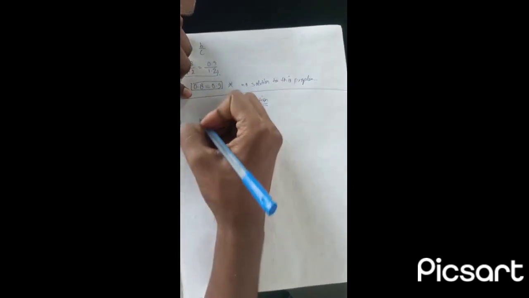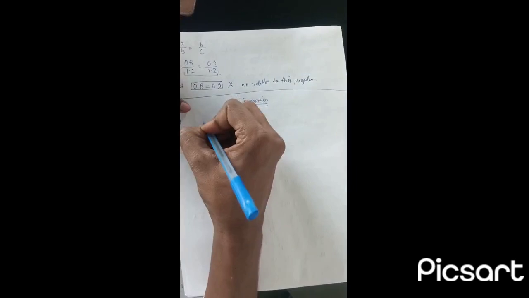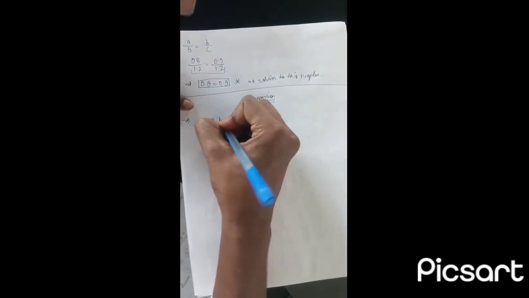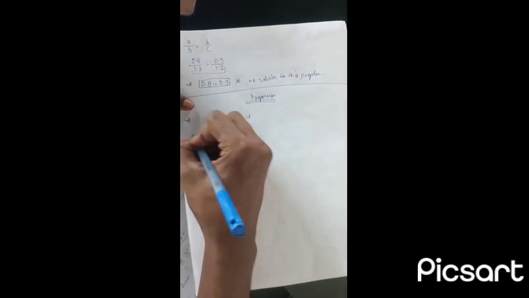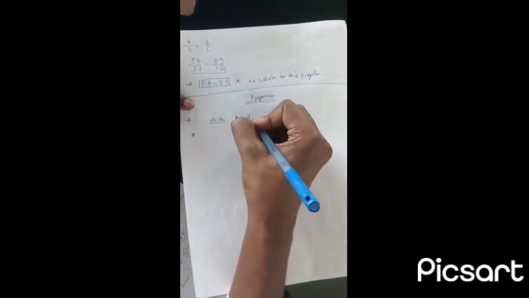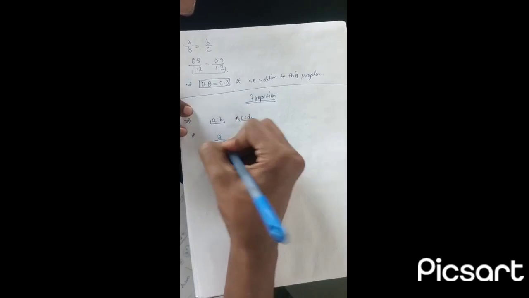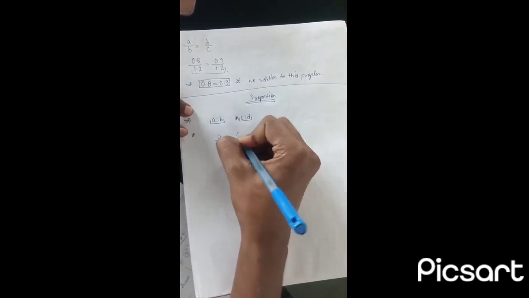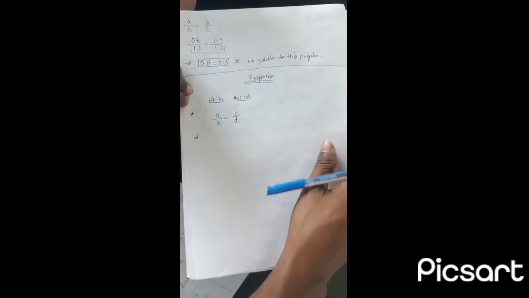That means, suppose there is a ratio A is to B and a ratio C is to D. These two will be in proportion when A upon B is equal to C upon D. Then only they will be in proportion.